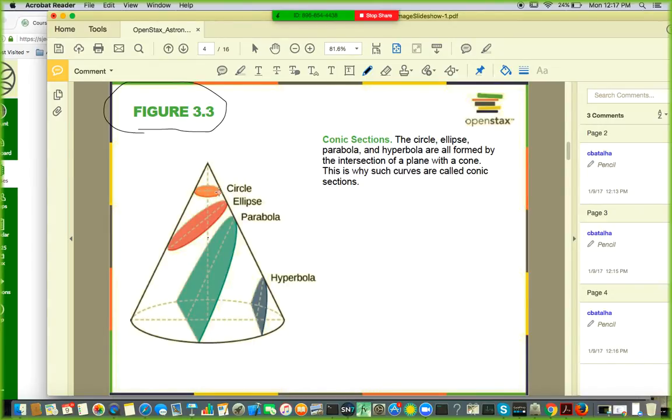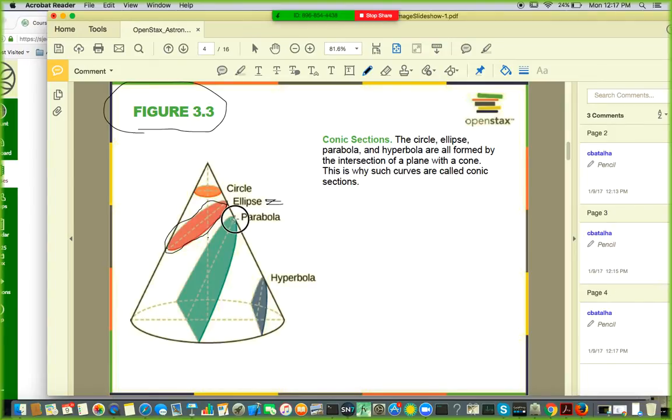Okay. Now, if you cut with an angle like in here, but you manage to hit the other edge, so if you start cutting from here, right, and then you go all the way down and you hit the other edge, you define a curve that is called an ellipse.